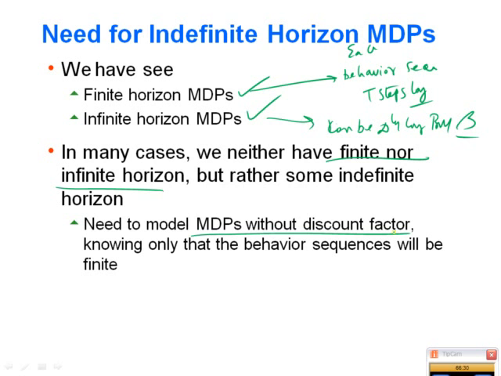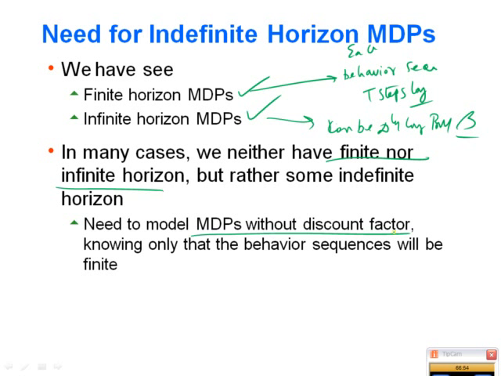Okay, so depending on your setup, you might actually not want to discount the future at all. And if you don't discount the future, and you don't know the length of the horizon, then how do you deal with the problem? If you don't have a discount factor, then you cannot allow infinite horizon at all. So we do have a finite horizon, it's just indefinite.